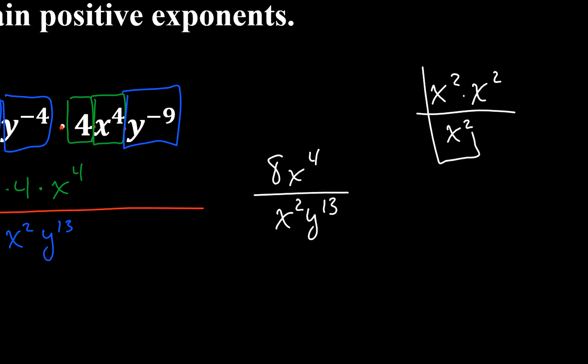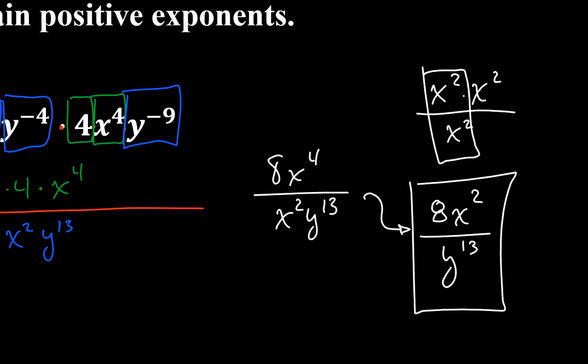The only reason why I wrote it that way is so that I can very clearly see that there are 2 factors of x that live in the denominator, and there's 4 factors that live in the numerator, and I can pair up or group together 2 of the factors from the numerator and the 2 in the denominator and create a giant 1. When I do that, I'm left with just 2 factors of x in the numerator. So my numerator is 8 times x squared, and my denominator is y to the 13th power. So this is the answer that I would settle on for part A.